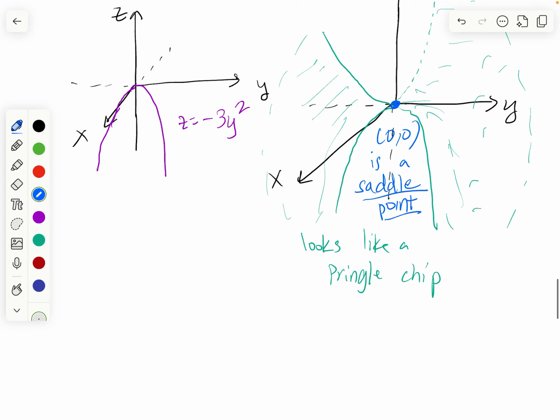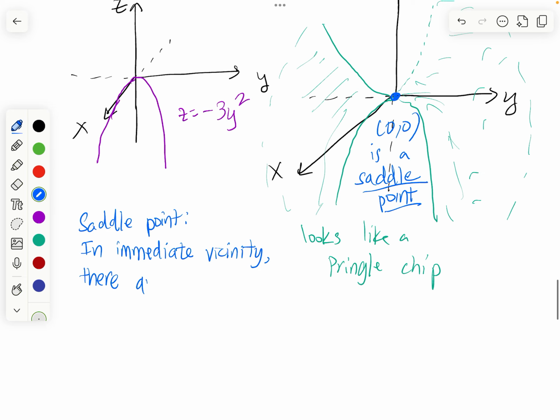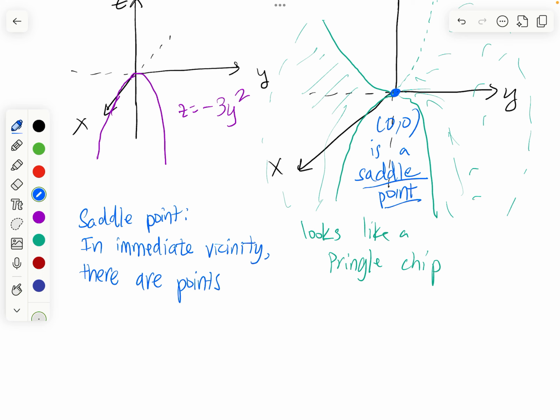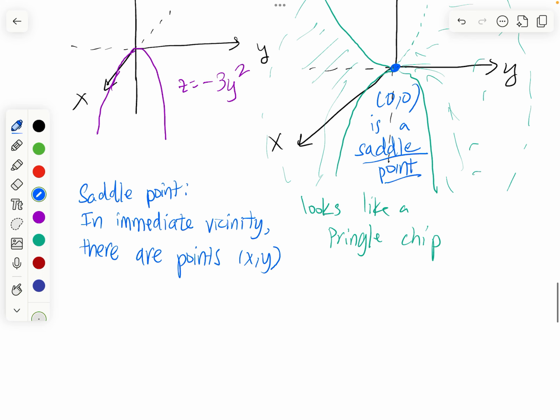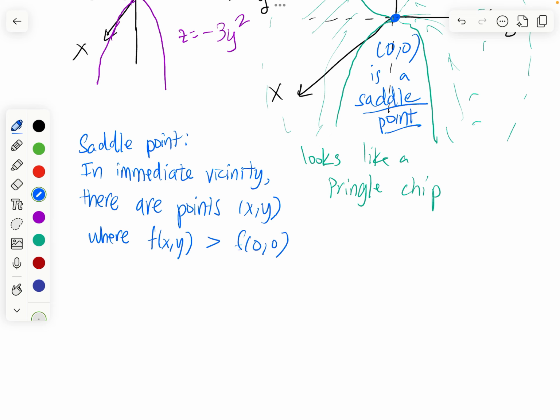And what it means to be a saddle point is, in the immediate vicinity, if you just look a little bit around the point 0, 0, there are points xy where f of xy is greater than f of 0, 0.